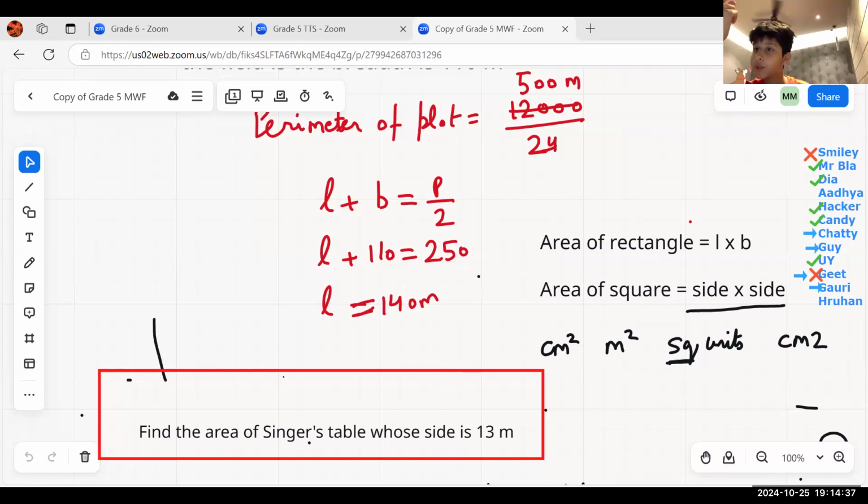Ma'am, I don't have the option to put a small 2. That's why I sent it again with a big 2, to mark it as the area of the figure.